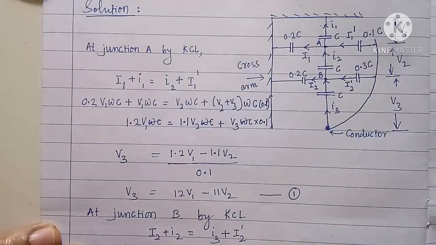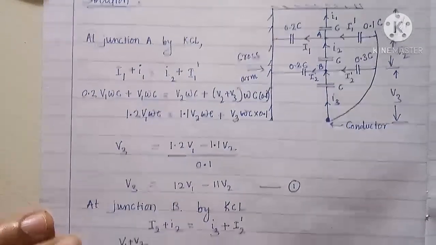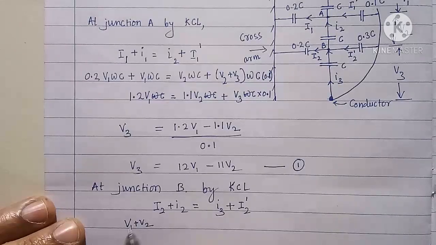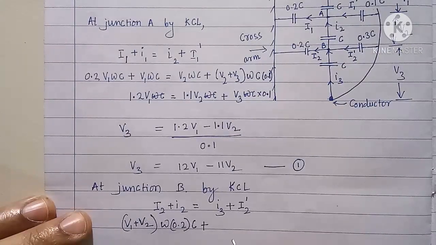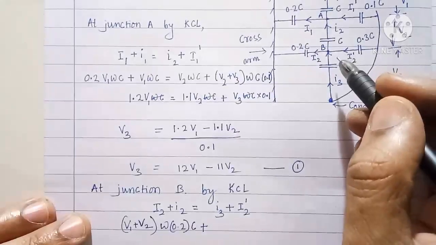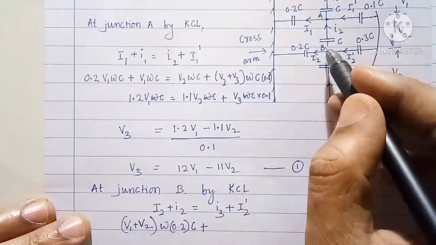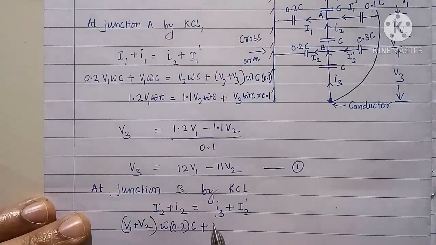So V1 plus V2 into omega into 0.2 C plus small I2. Current I2 is V2 into omega C, that is equal to I3 plus capital I2 dash.